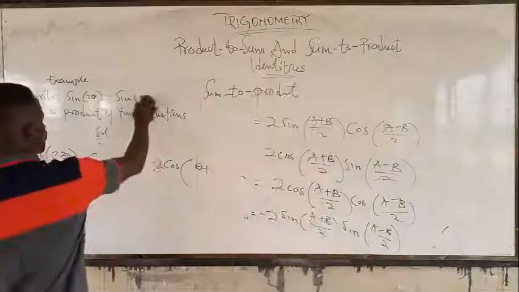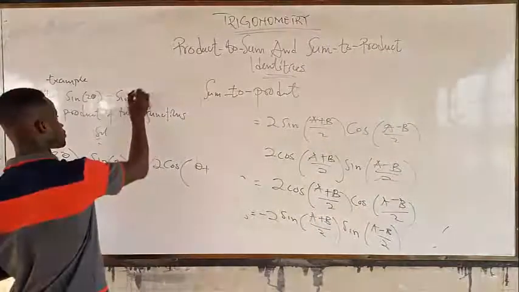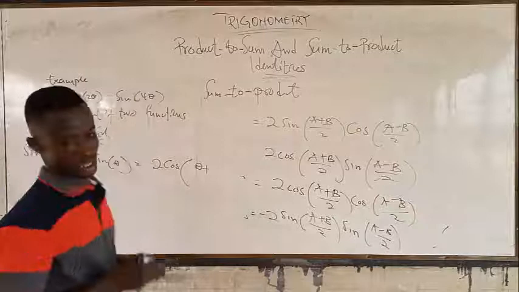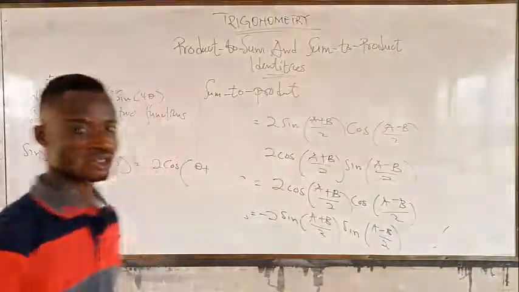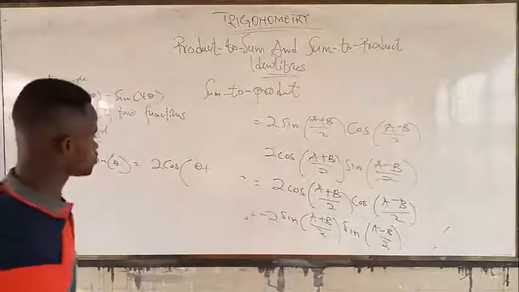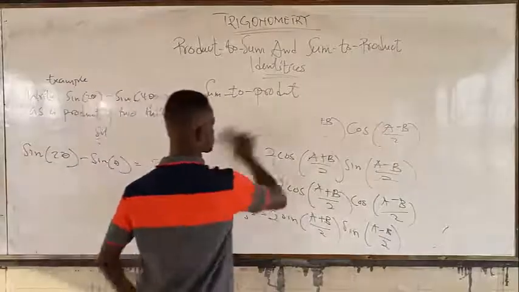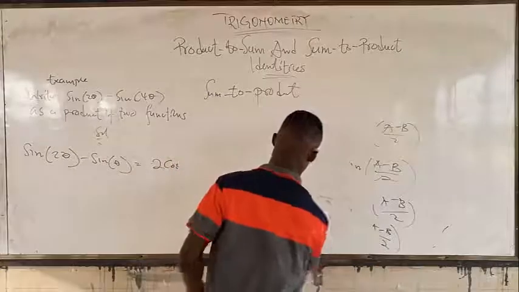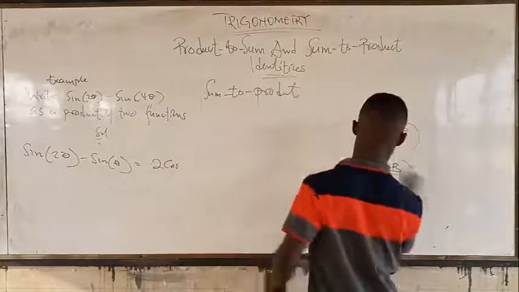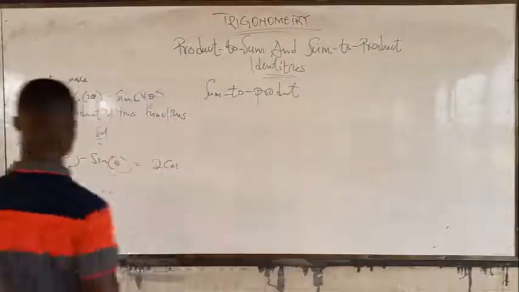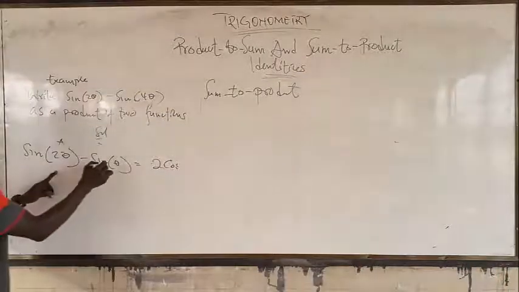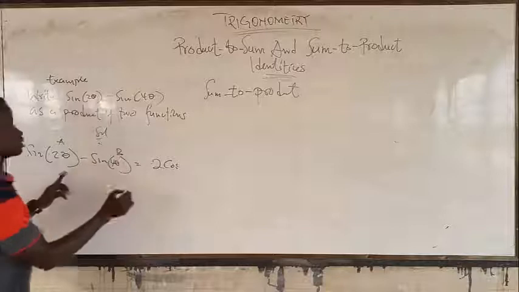Here is 4 theta. That place is 4 theta. So by substitution, so this is our A, 4 theta is our B.